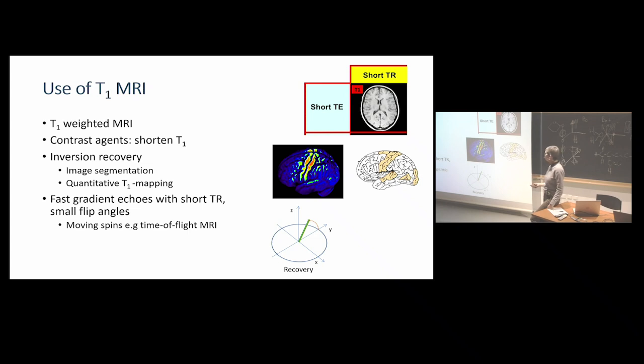We can look at those water molecules which didn't sense the excitation pulse. And when we do that, we can look at moving spins, like in these blood vessels here. So here you can suppress parts of the signal and enrich, because they only sensed this excitation once, other parts of the brain. Another way of having contrast.